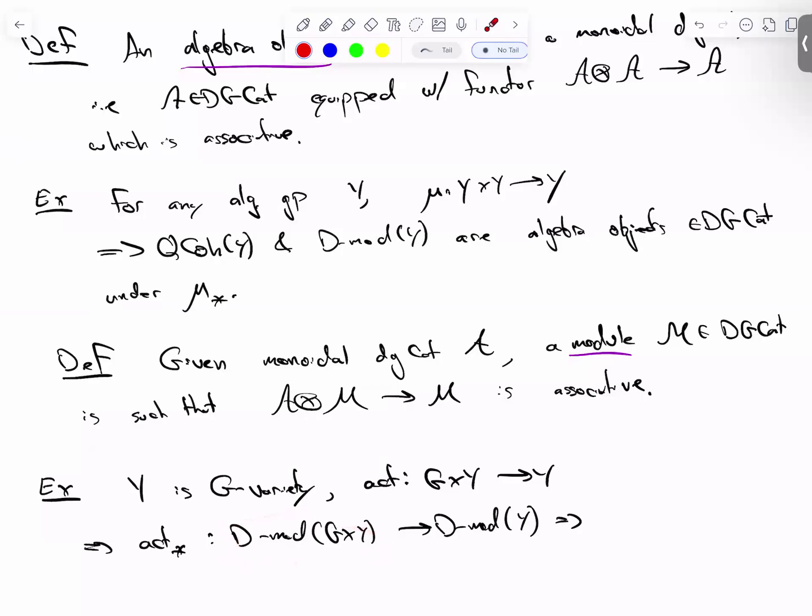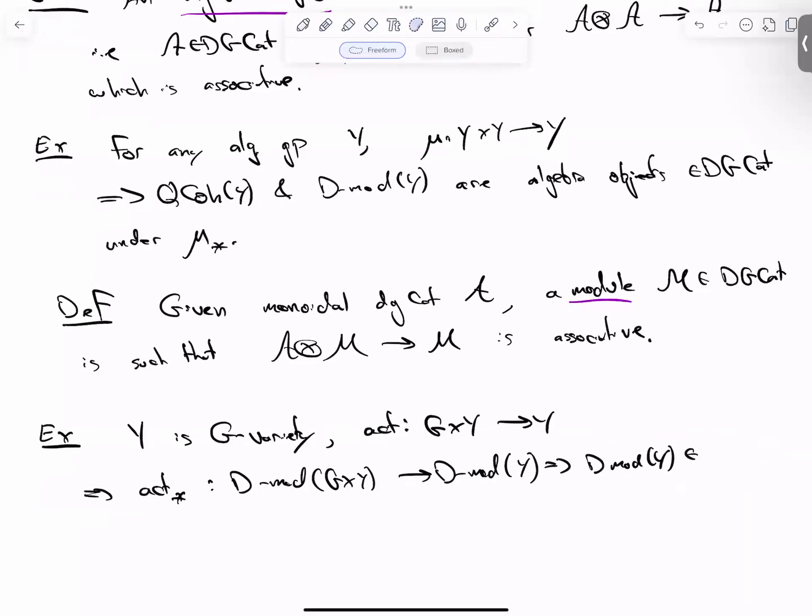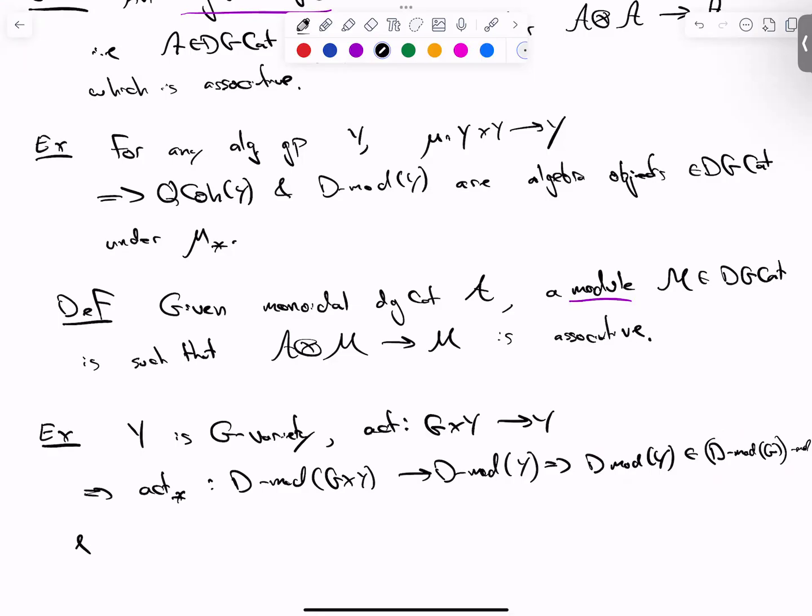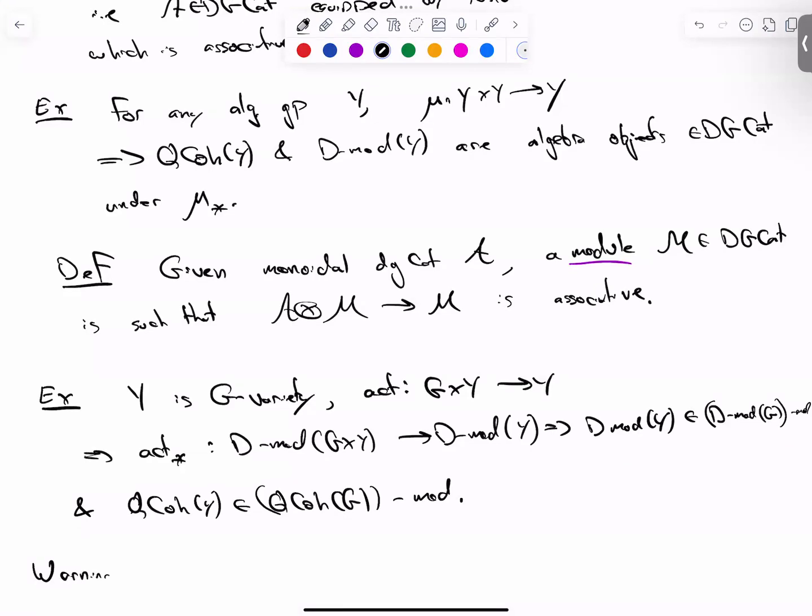So we can decompose D-mod on the product as the product of the D-mod. So D-modules on the variety are, write this down carefully, modules for D-mod G. Right, so D-mod Y itself is a DG category, which is acted on by D-mod G. And similarly, QCoh Y is a module for QCoh G. And just a non-example, Coh is not. Like IndCoh, QCoh, those are algebras, but Coh is not.